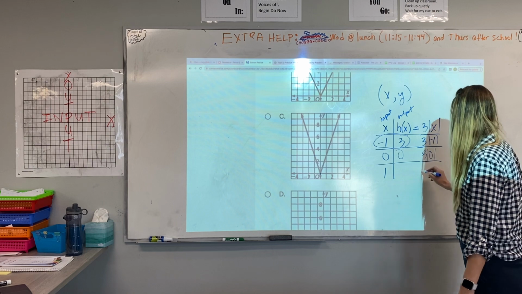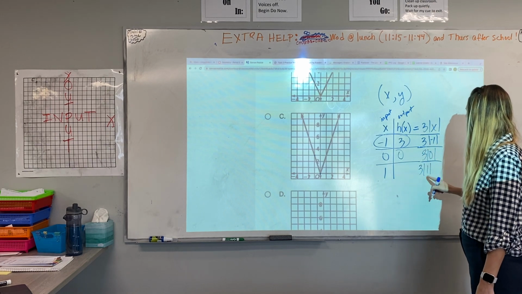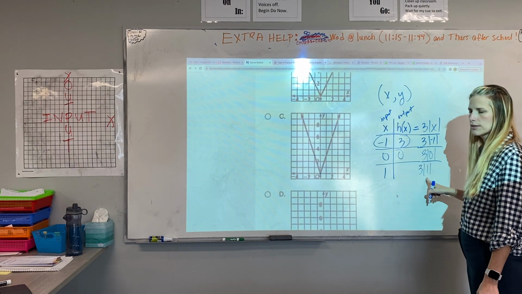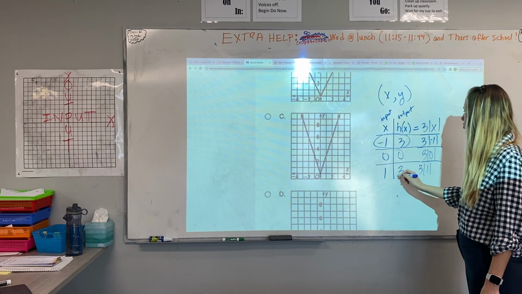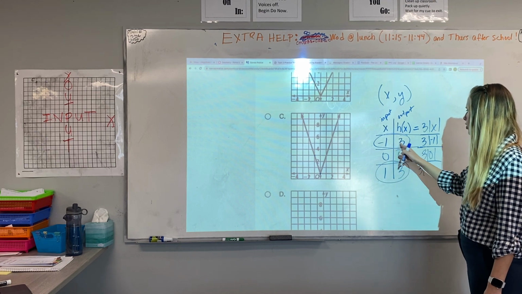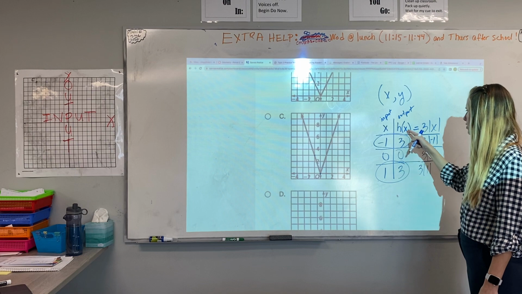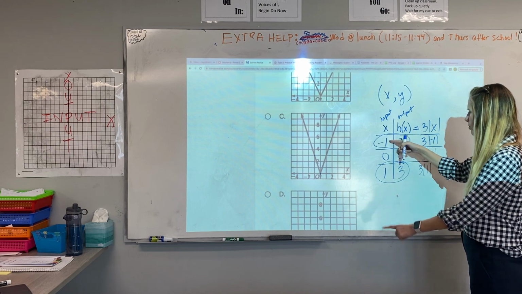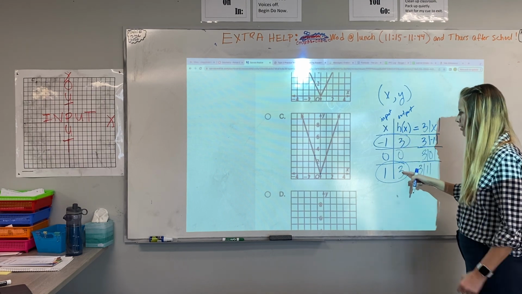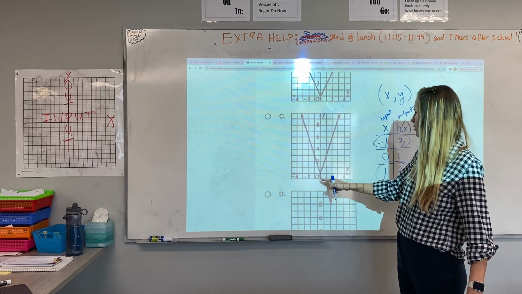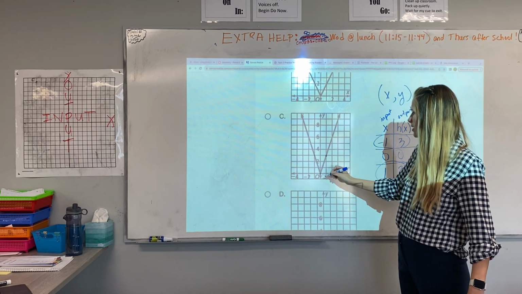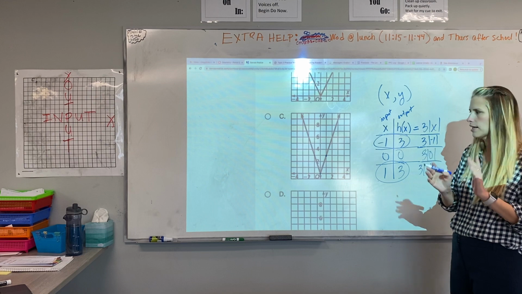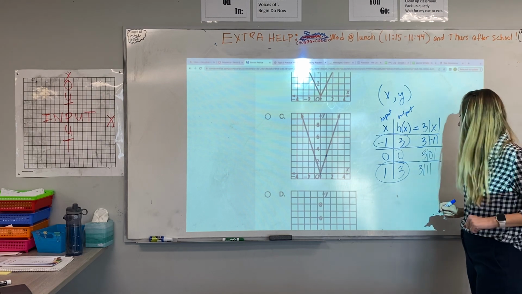And then 1, if you plug that in, absolute value of 1, 1 times 3 is 3. Notice how here is where you're going to start seeing the symmetry, because our outputs for both the negative one and the positive one are 3. So negative 1, 3, positive 1, 3. That's where you see that symmetry in that absolute value function.